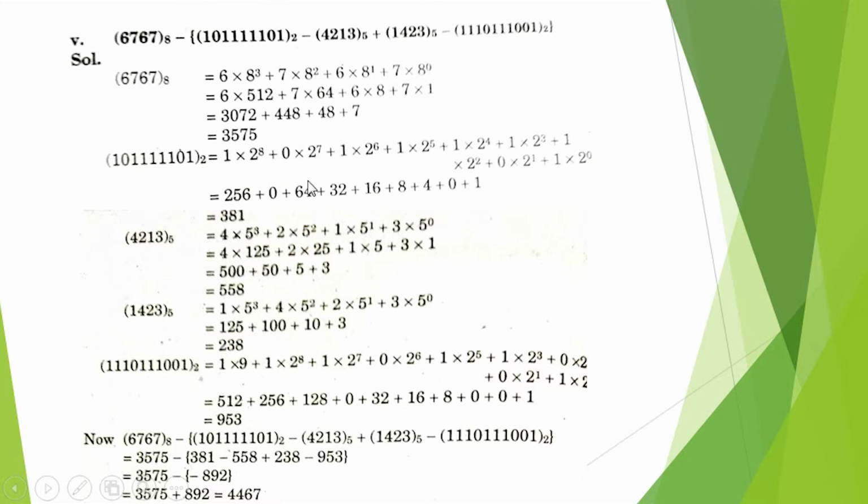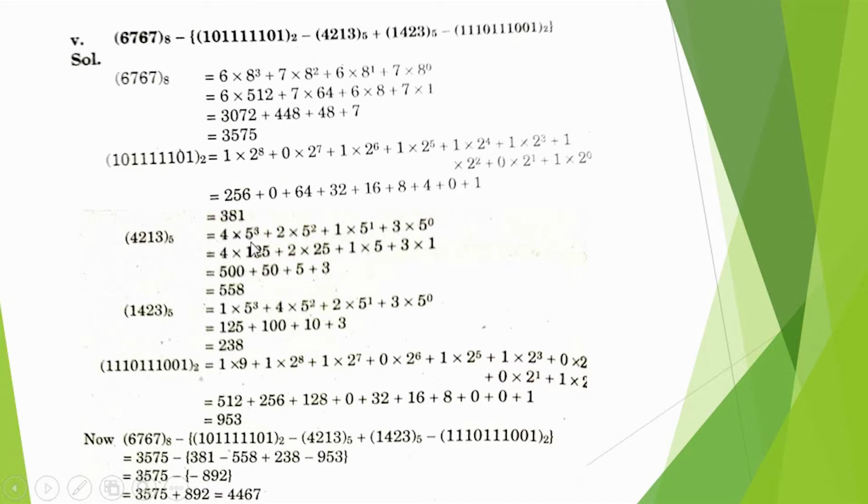Now 2 power 8 is 256 multiply 1 is 256, 2 power 7 is 128 multiply 0 is 0, 2 power 6 is 64 multiply 1 is equal to 64, 2 power 5 multiply 1 is 32, 2 power 4 multiply 1 is 16, 2 power 3 multiply 1 is 8, 2 power 2 multiply 1 is 4, 0 and 1. Now we add these values, 381 comes.